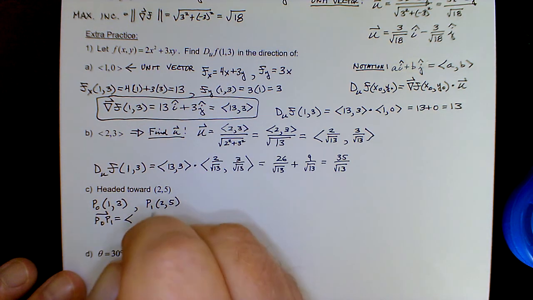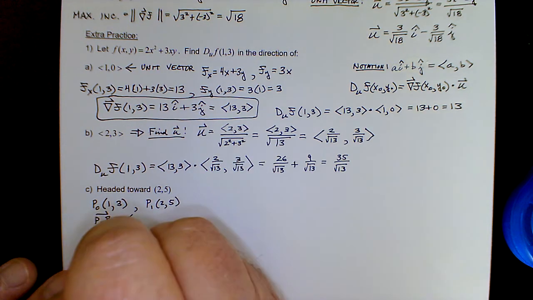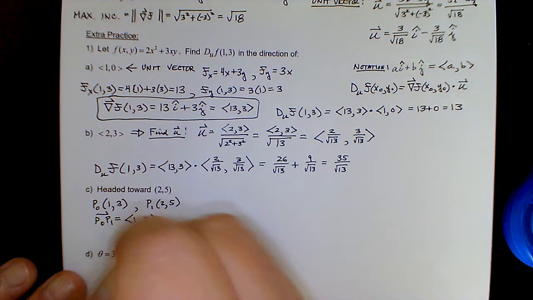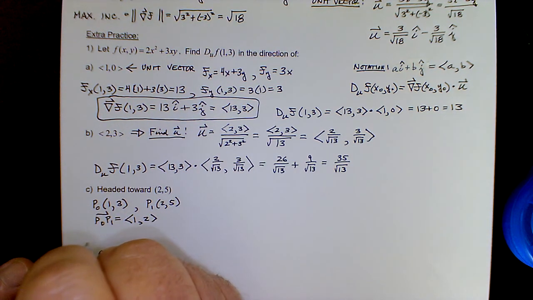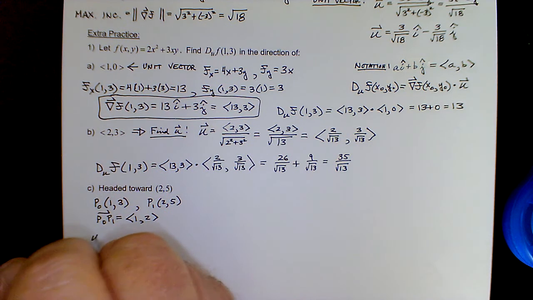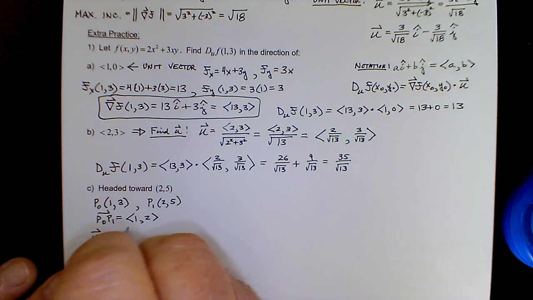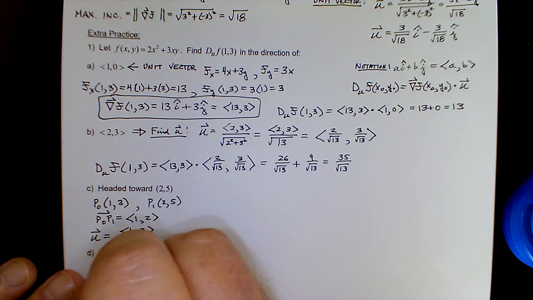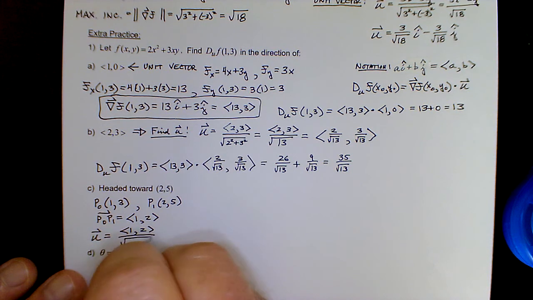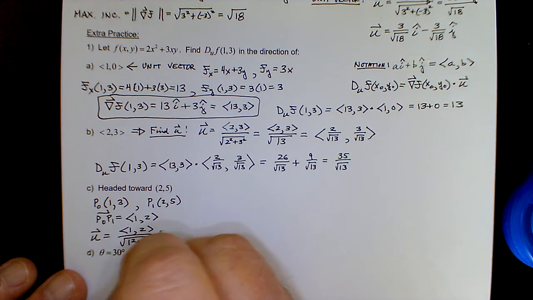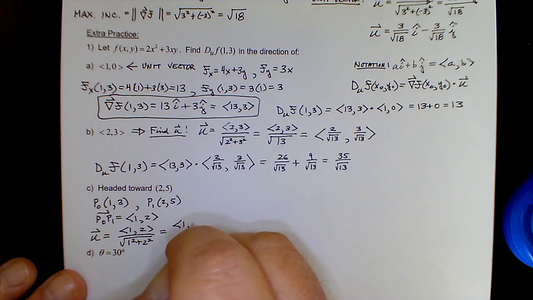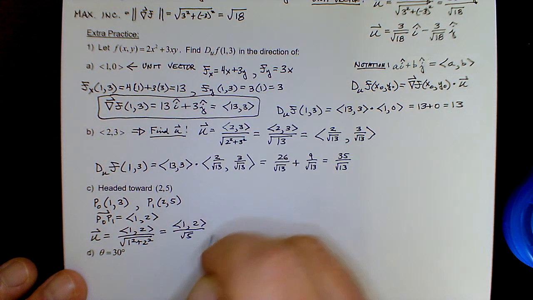And so then the unit vector is going to be that over its magnitude, so the square root of 1 squared plus 2 squared. So we get <1, 2> over the square root of 5. So the unit vector is <1 over the square root of 5, 2 over the square root of 5>.